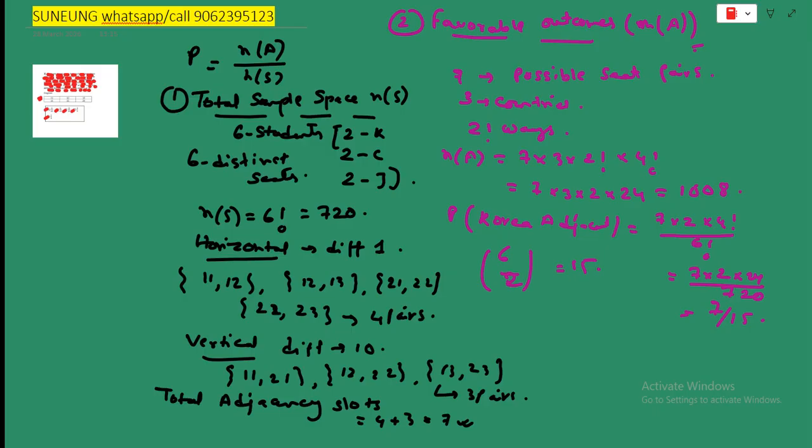So total adjacent pairs of seat is 7. Now the probability that any 2 specific students sit together is what? The adjacent pairs by the total possible pairs. That will be equal to 7 by 15.